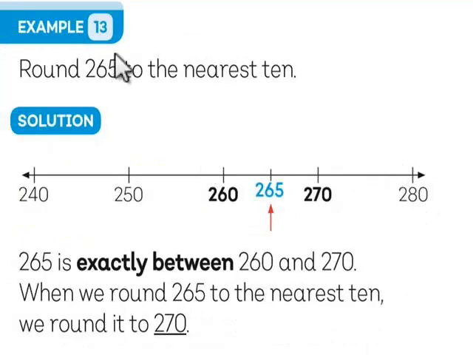Okay, here, example number 13. Round 265 to the nearest 10. Okay, we have here, this 6 is the tens and 5 is the ones. Solution: we will make a number line here from 240, 250, 260, 265 is in the middle, and 270 and 280.